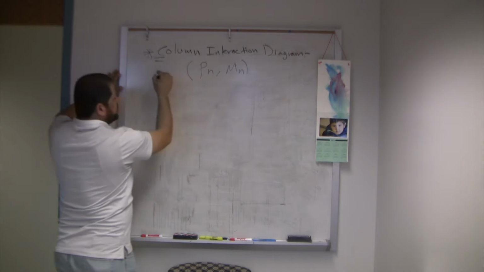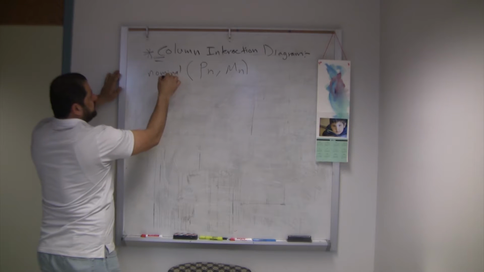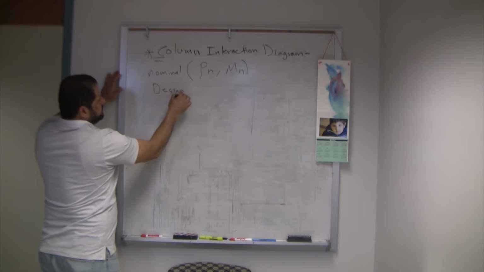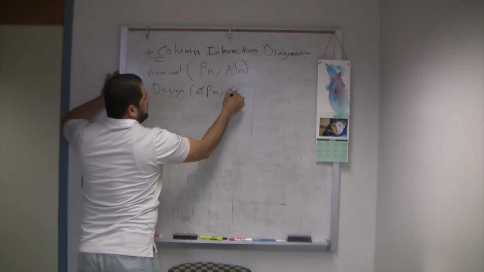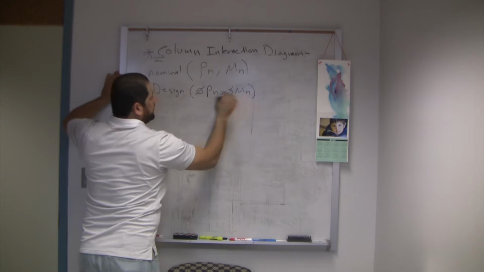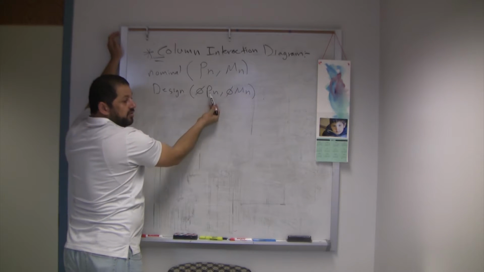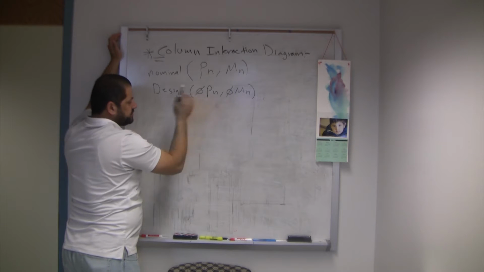And the design strength is phi Pn, phi Mn. And this phi factor here is 0.65 for both, if it's a tied column, or 0.75 if it's a spirally reinforced column.